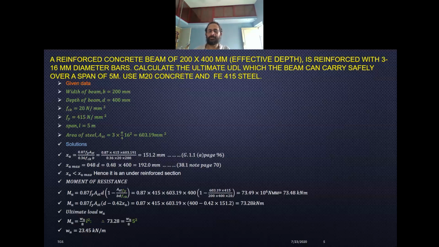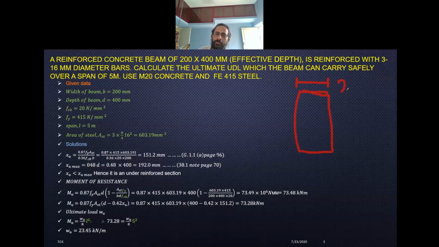Okay, I think everyone write the question. Then what are the data given? A reinforced concrete beam 200 by 400 millimeter. This is 200.